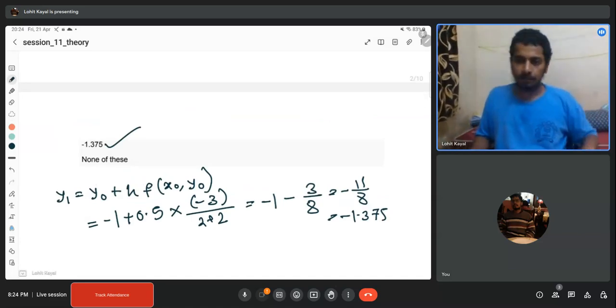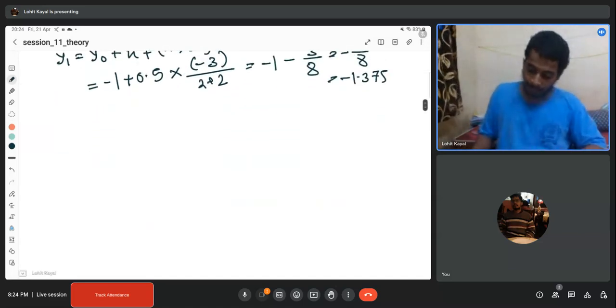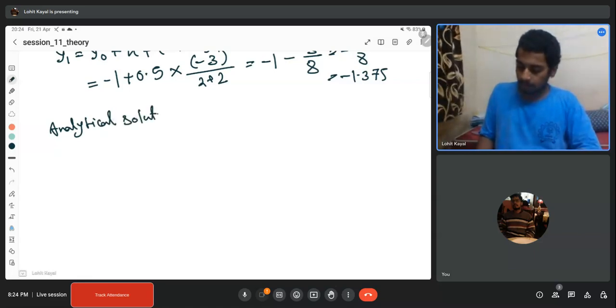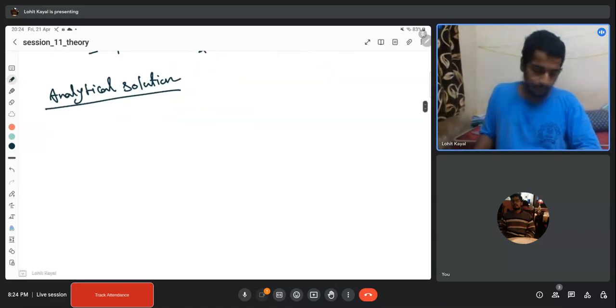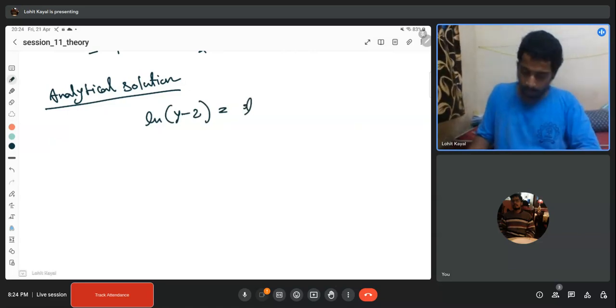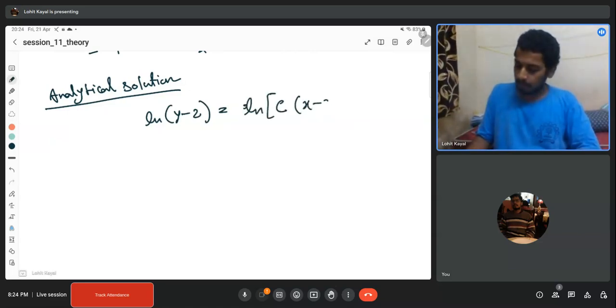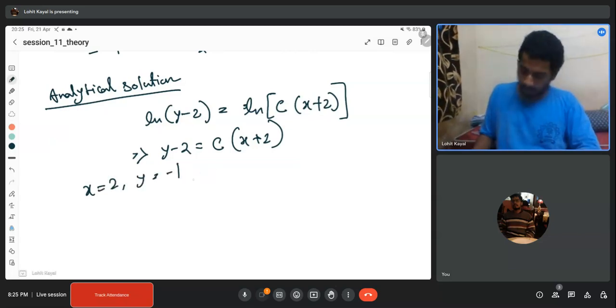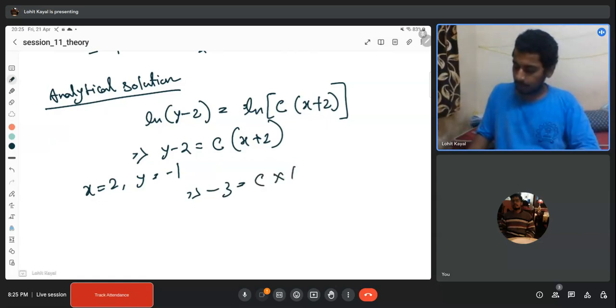Now let me solve it using the analytical solution. If you do the analytical solution, it is very easy. You know that it will be ln of some constant c times (x plus 2). Okay, the simple calculation. That means it will be y minus 2 equal to some constant c times (x plus 2). Now it is given at x equal to 2, y equal to minus 1. So it will be minus 3 equal to c times 4.